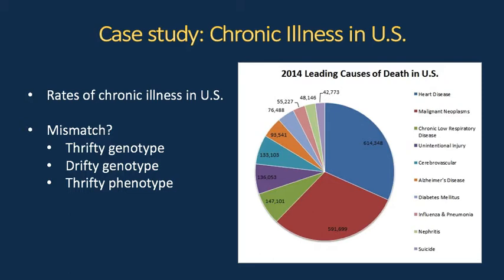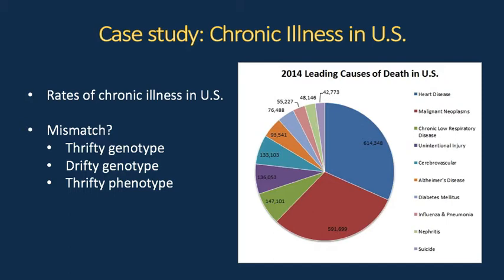Essentially, what this drifty genotype model is proposing is that in the past, these mutations that allow us to gain weight easily, or to have insulin spikes that control fat deposition, tended to be neutral during our evolutionary history.